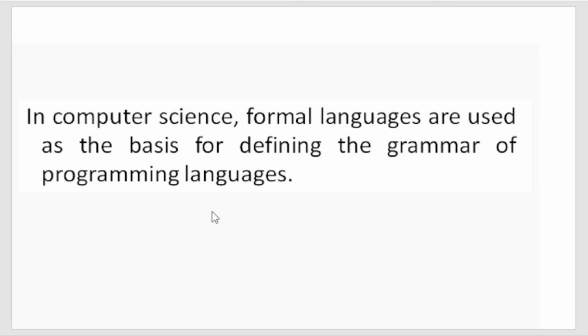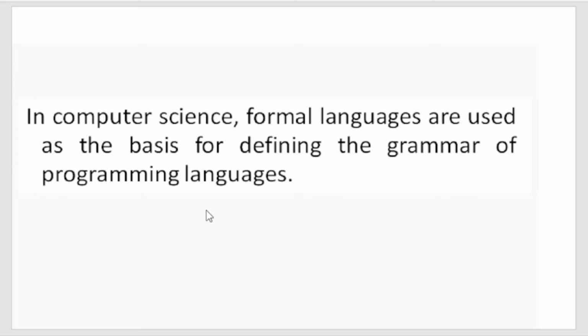A formal language is a set of strings drawn from a finite set of alphabets. The alphabet of a formal language consists of symbols and letters that can be concatenated to form strings.